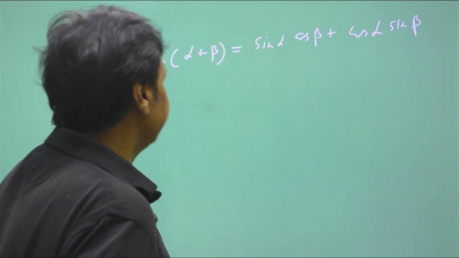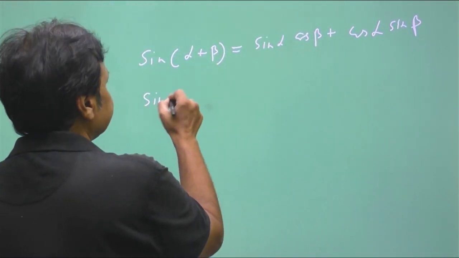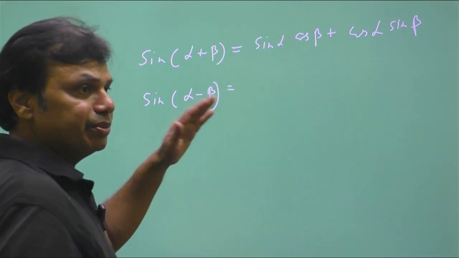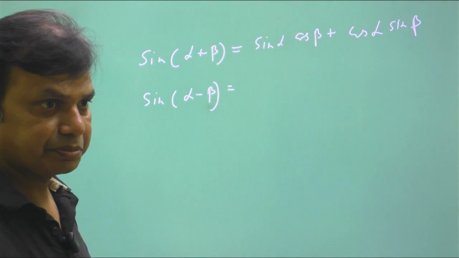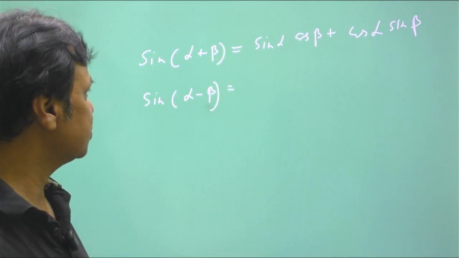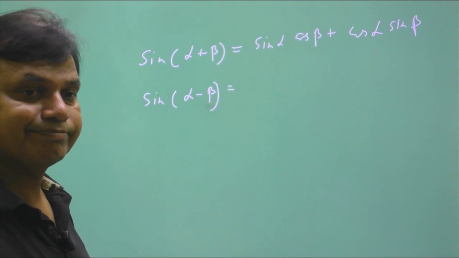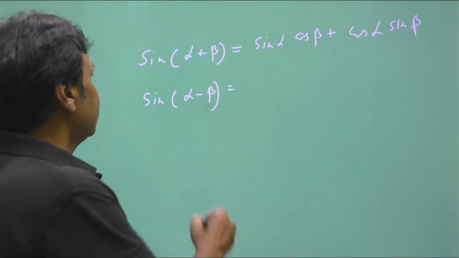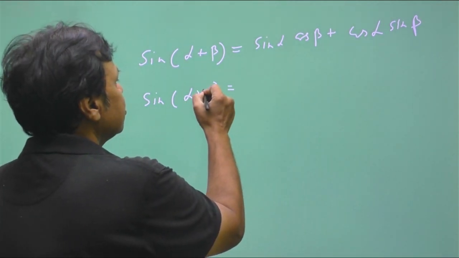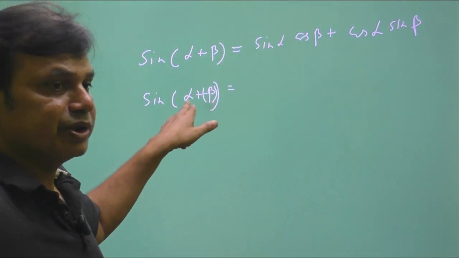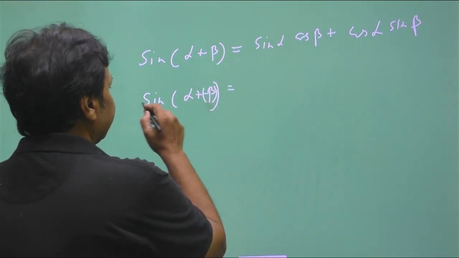We can find sin alpha minus beta simply by replacing beta by minus beta. You can see it properly.